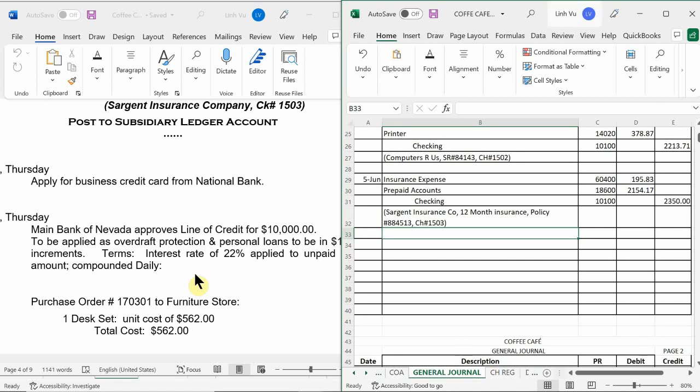Because we did it through the bank. Okay, but how do we record this line of credit? The credit when we put money, right?